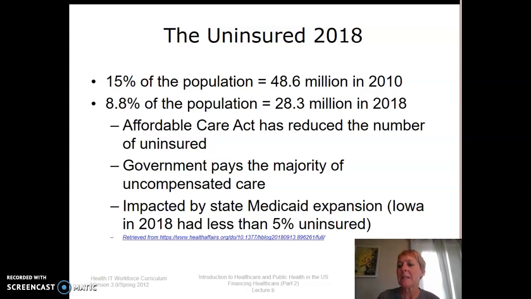The government pays the majority of uncompensated care anyway. Also, one thing that's made an impact is the state Medicaid expansion, part of the Affordable Care Act. For example, in 2018, Iowa had less than 5% of the total population uninsured, which was a significant improvement.